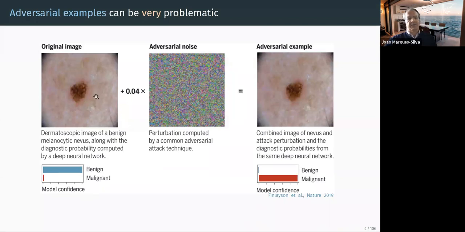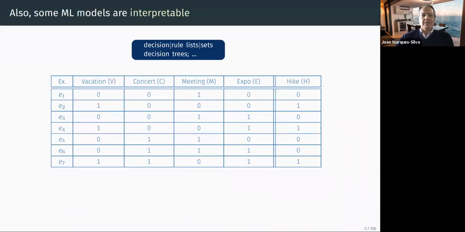So it was not a tumor. By adding a small amount of noise to the same image, which we cannot really distinguish, the machine learning system would now characterize it as malignant. Of course, it could go the other way around. So that is one perspective.